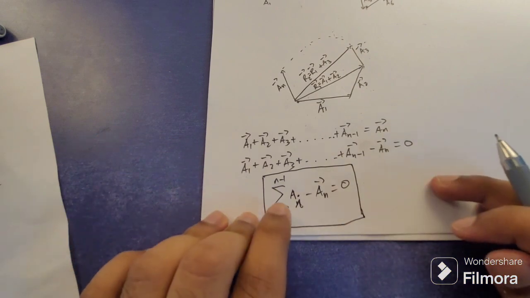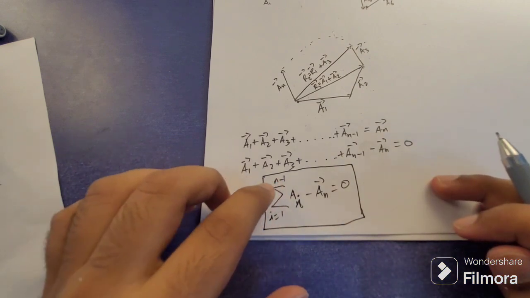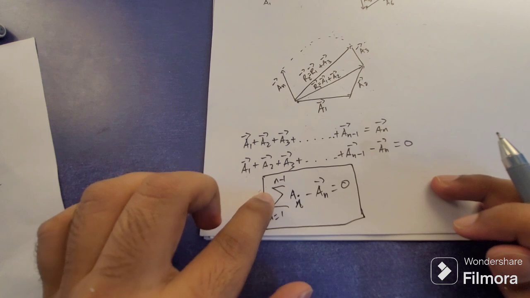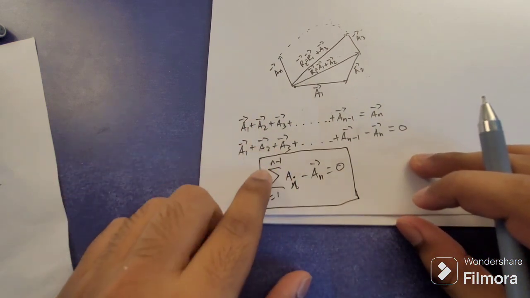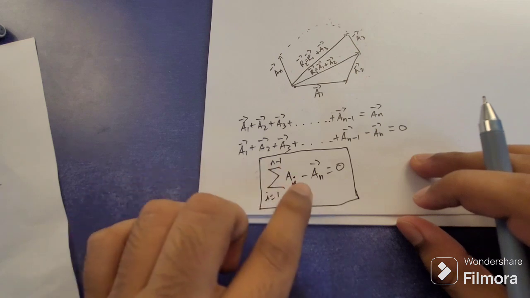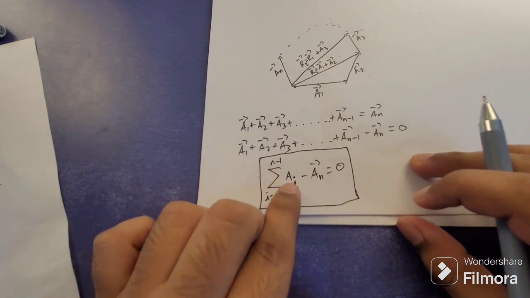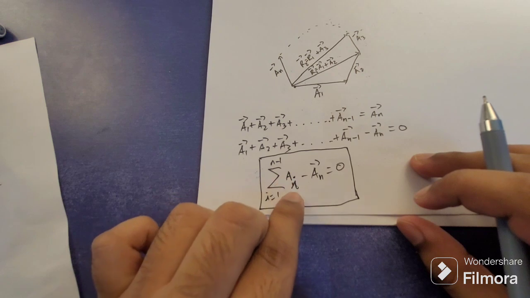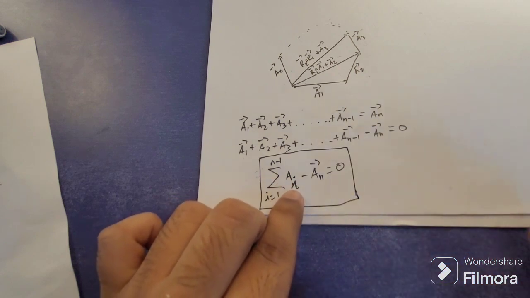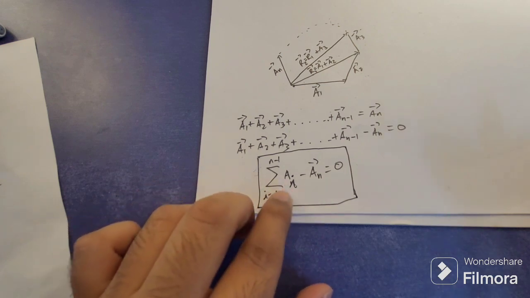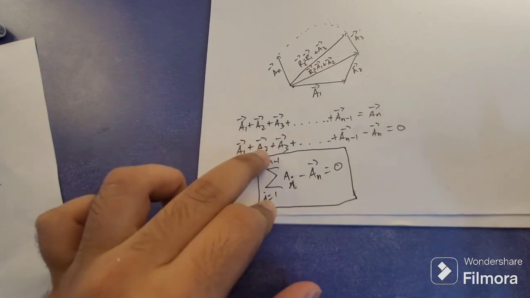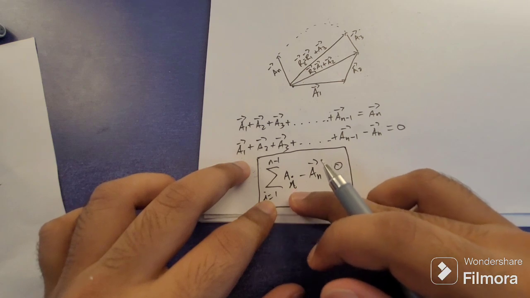Now, I hope all of you guys know how to interpret the summation symbol. If not, I'll explain. Now, the summation symbol just means that for all terms A with the subscript i, we have to add them one after the other, and the limits of the summation show the values that i will be taking.